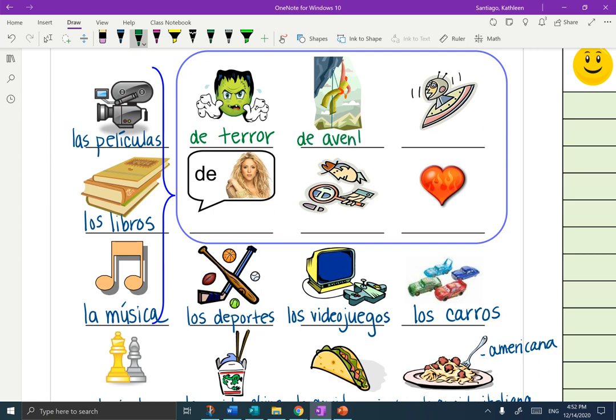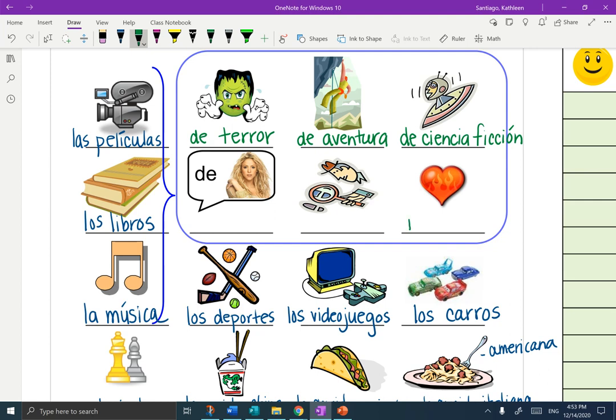Looks like adventure. Las películas de aventura, los libros de aventura. Las películas de ciencia ficción, los libros de ciencia ficción.